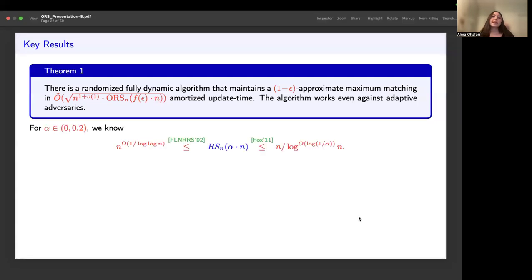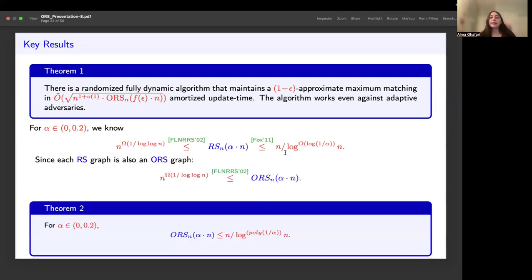So now let's see what are the upper bounds and lower bounds for the density of this type of graph. For RS graphs, what we know is that we can lower bound it by, let's say, n to the little o(1), and upper bound it by n to the 1 minus little o(1). And since each RS graph is also an ORS graph, the lower bound also applies for ORS graphs.